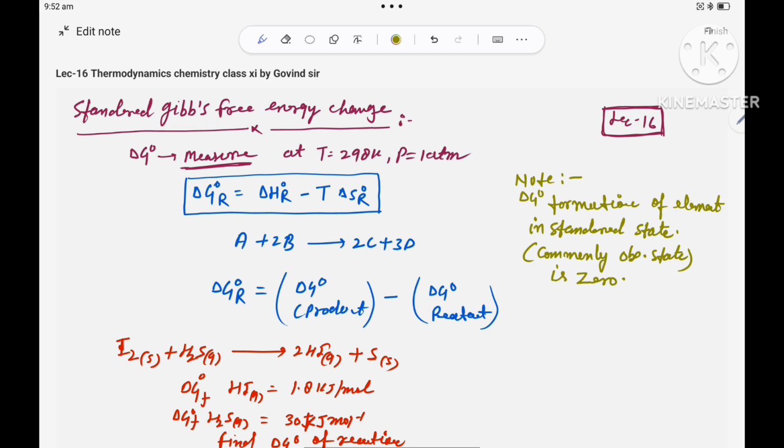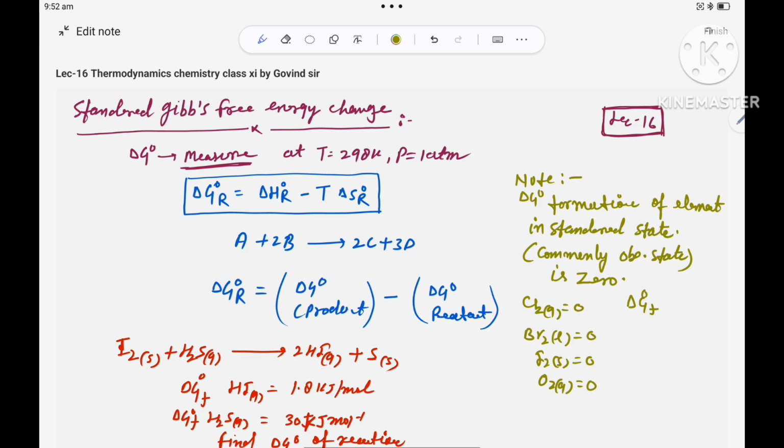Like for Cl2 it is 0, Br2 is available in liquid state, so 0, I2 in solid 0, O2 gas 0, like that. These are the standard Gibbs free energy changes for formation.